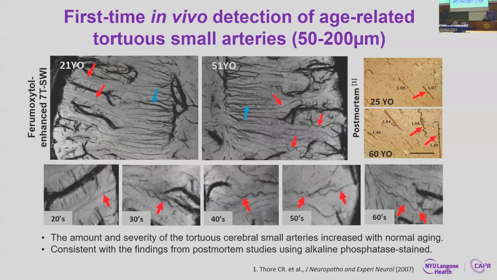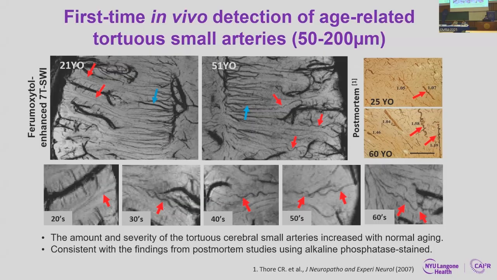I think it's very exciting because not only can we see the small arteries in young people, but we can see a lot of tortuous arteries in the old people. And this directly mirrors what has been reported in the histopathology findings.